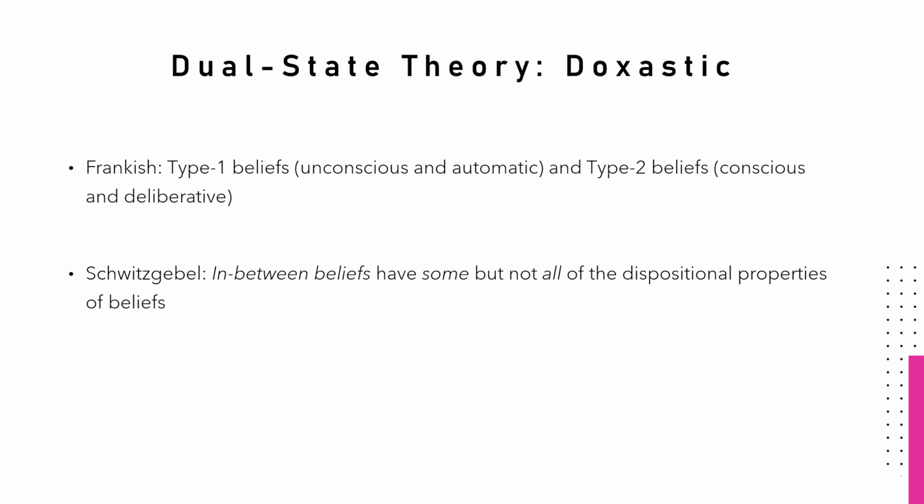An example of an in-between belief is, say, Sylvia, who systematically prefers to sit next to a white person than a black person on the bus. Now, the presumption here is that she cannot, in the type 1 sense, believe in racial equality, right? It's her type 1 beliefs that are leading her towards this systematic preference of sitting next to a white person on the bus.